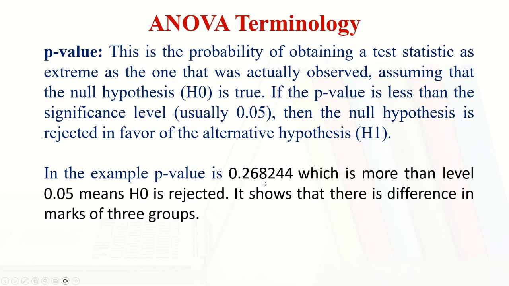Practically, with the help of Microsoft Excel, we start with the ANOVA test, and the result we find is that the p-value is more than 0.05, right? Then it shows that there is a significant difference in the marks of three groups: section A, section B, and section C.